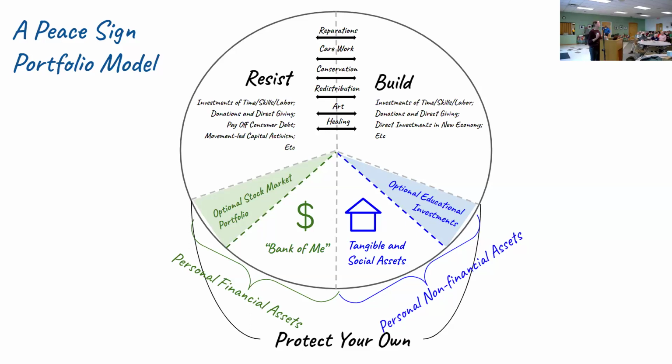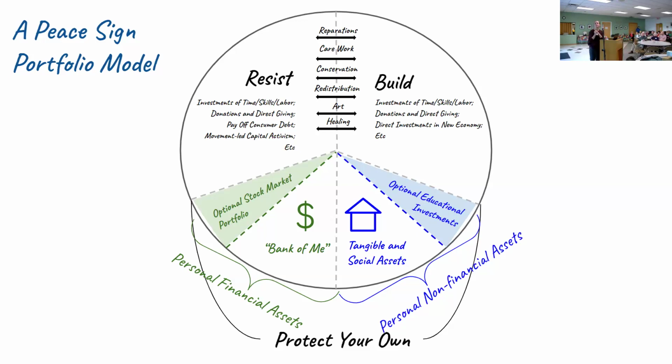And then also, of course, this is the area where things like divestment campaigns would fall. And so I have up there movement-led capital activism. There have been examples of divestment campaigns that have worked really well for resisting bad things, like the divestment around the apartheid South Africa movement.